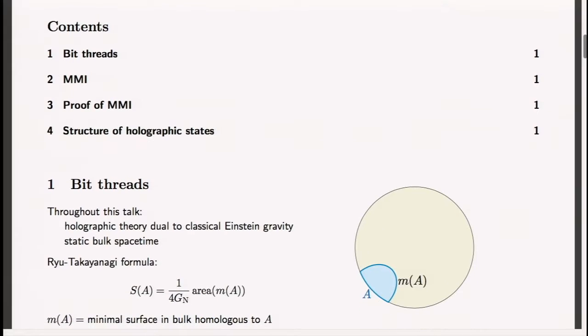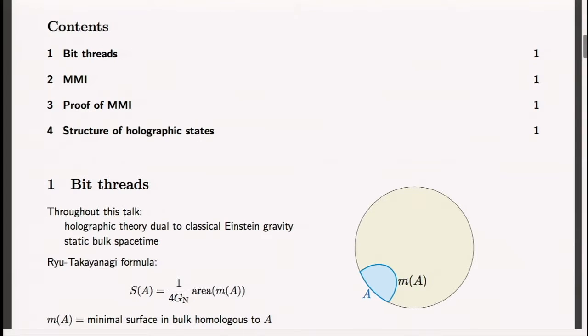We start, as always, with the Ryu-Takayanagi formula. In this talk, I'm going to be doing just the simplest version, which is Einstein gravity in the classical limit, which is a large N limit from the dual field theory point of view, and just a static space-time.